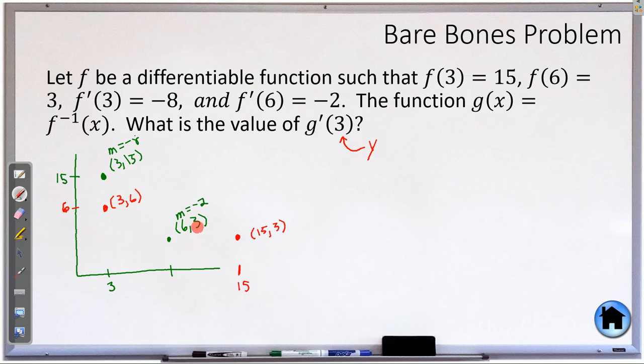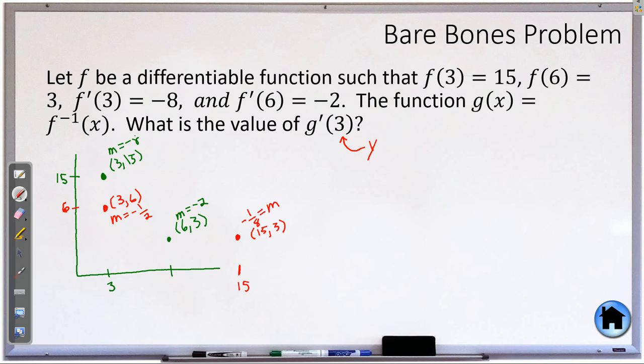And so what do we know? Well, we know that the inverse has the reciprocal slope of the function at its paired point. So this point and this point are paired. If that slope is -8, this one is -1/8 for the slope. And if this one has a slope of -2, then its pair has a slope of -1/2.